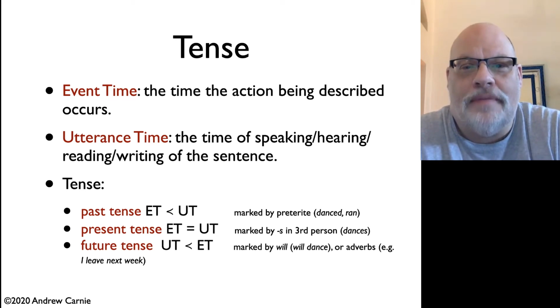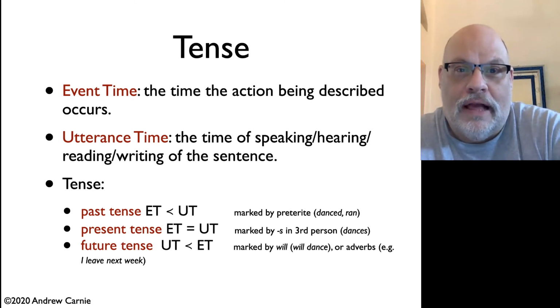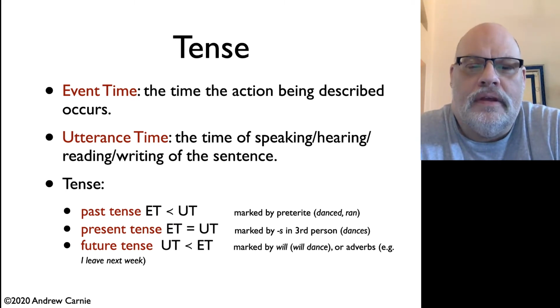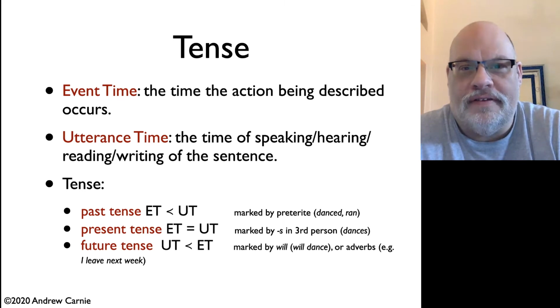So you're saying something about an action occurring not now but later. These are often marked in English with the modal auxiliary will. Will is an interesting auxiliary because it both marks the present tense and it also implies a modal force of this is going to happen no matter what.